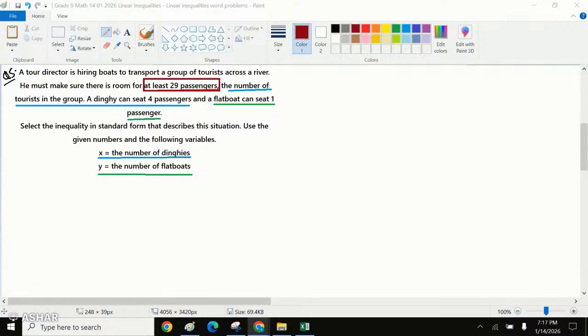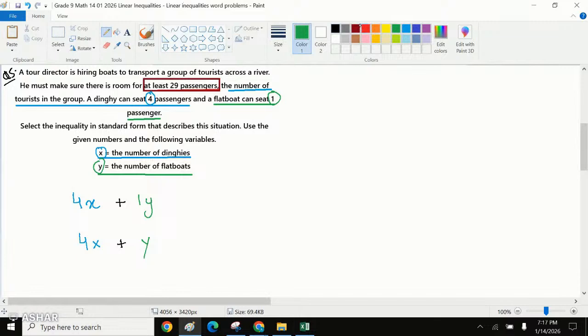So can we say that 4 passengers in x, right? 4x, that means x number of smaller boats, plus one passenger seat in flatboats, right? So we can write this statement as 4x plus y should be at least 29.